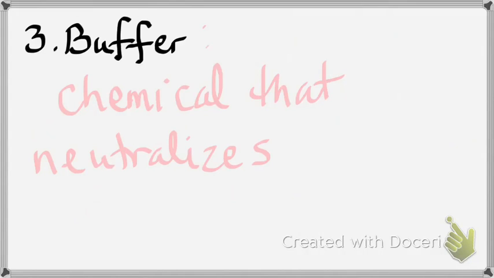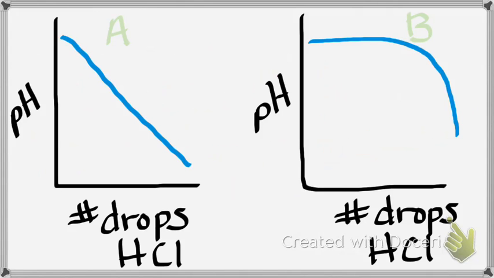So I'm just going to put neutralizes chemicals, like acids or bases. A buffer, you can add acid to it and it'll neutralize it. A buffer, you can add base to it and it's going to neutralize it. So buffers, you'll agree with me, help maintain pH homeostasis. Yes? What's homeostasis? Internal regulation. Very good.